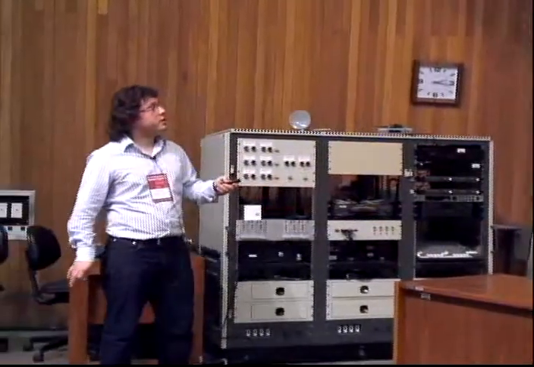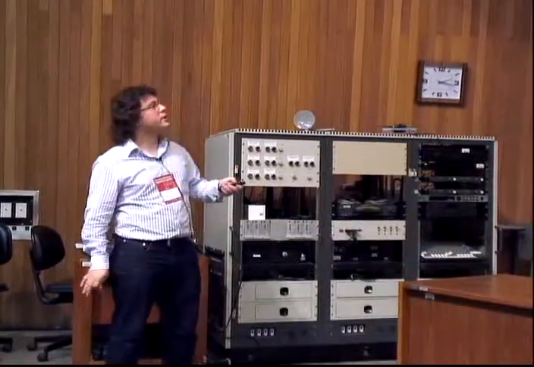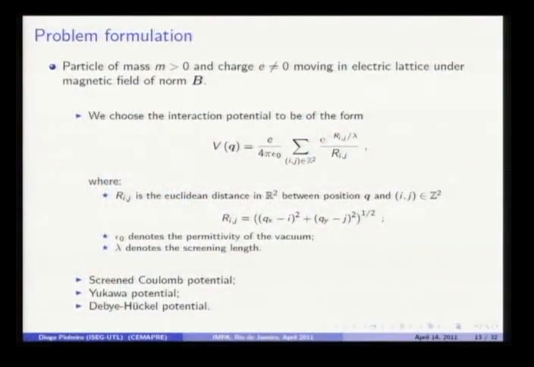So now V is the interaction potential between the moving particle in the lattice and the fixed charges. We write this as a sum of potentials which are of Coulomb type near the lattice points. So this Rij is just the distance between the position of the moving particle and the point in the lattice Ij. And then we add this term here.